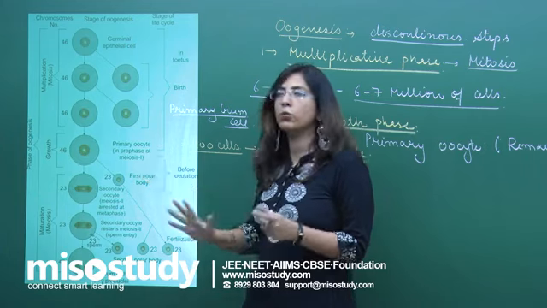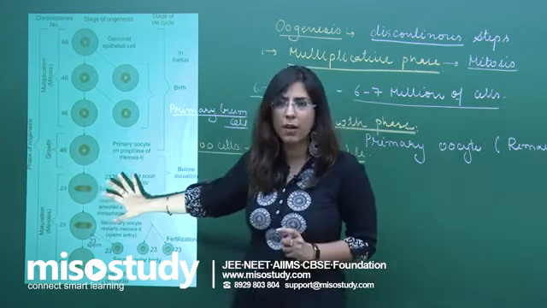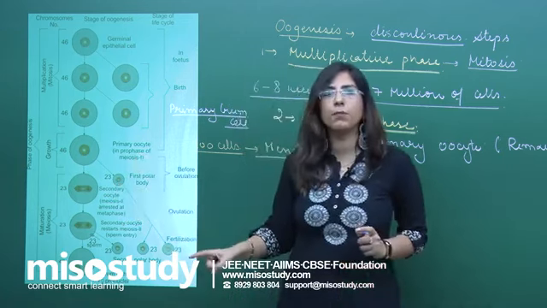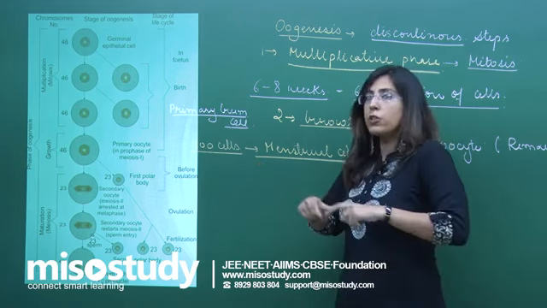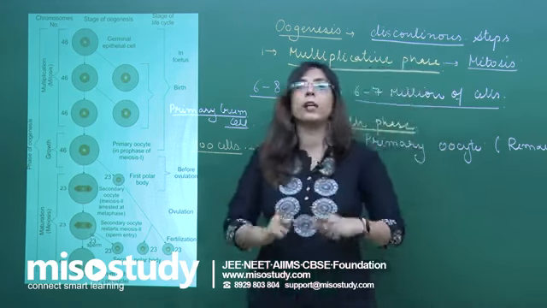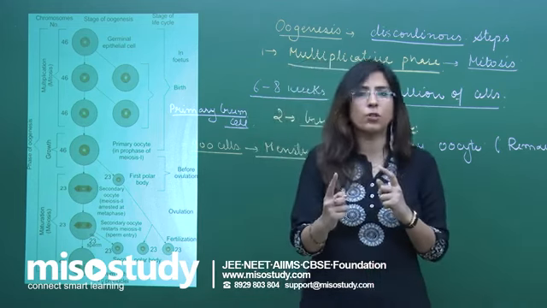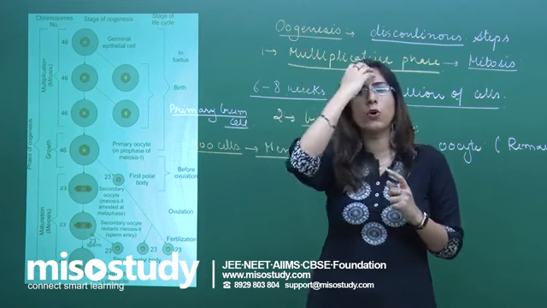Now when a baby is born, all these cells are in the primary oocyte stage. Out of these primary oocytes, only 400 cells will have the capability to enter the menstrual cycle. Now what is a menstrual cycle? That is maturation. That means out of the whole pool, 400 will mature, right?